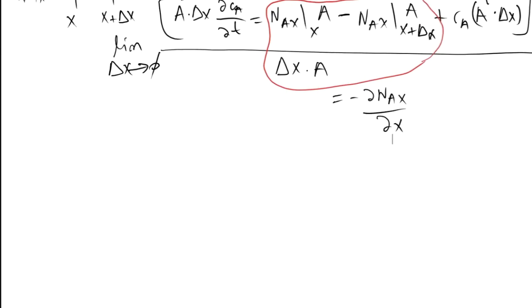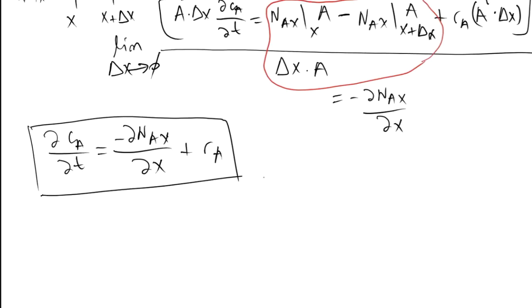So what we have after doing that is dCA dt, the change in the concentration of A per time in our control volume, must be equal to minus dNAX dx, and then plus RA, so the rate of reaction, the moles of A that react per time per volume in your control volume.